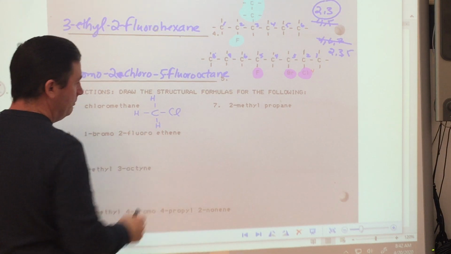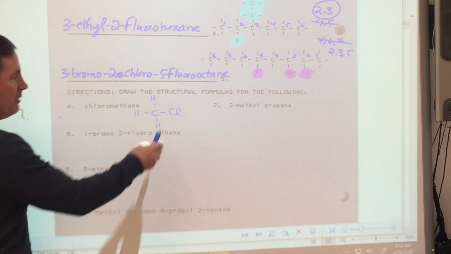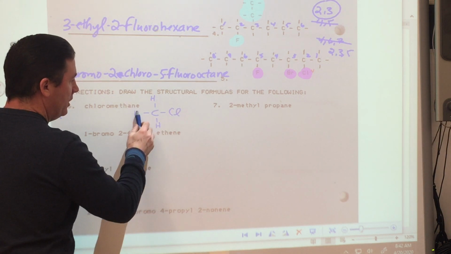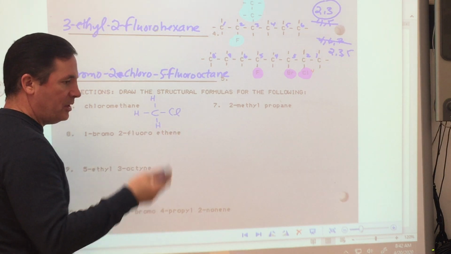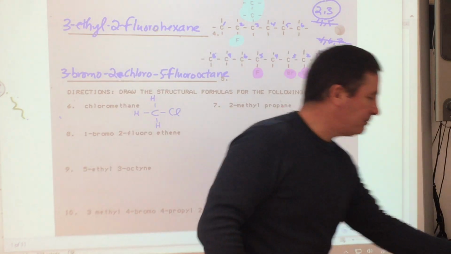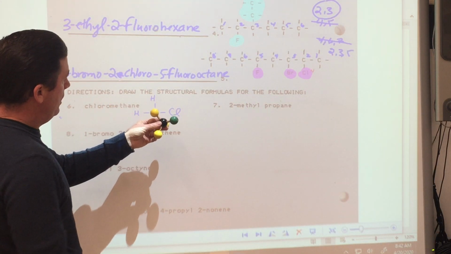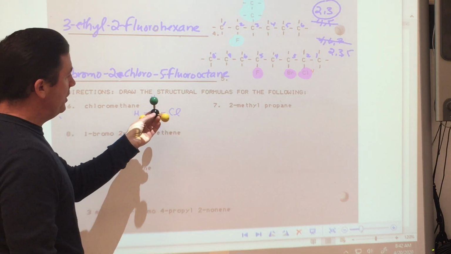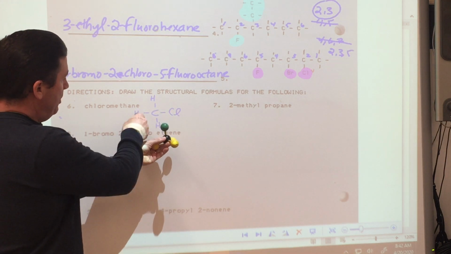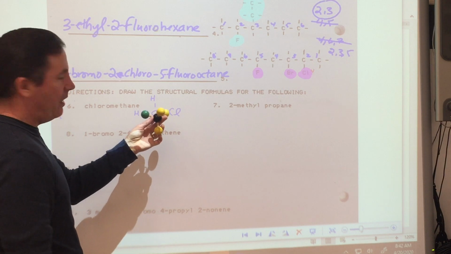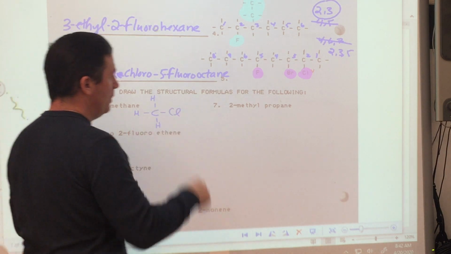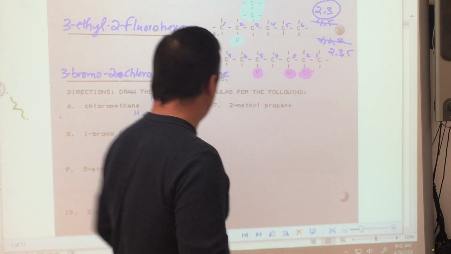You don't have to, though. Does it matter if I put the chlorine here or here or here or here? No, because think about it. Here's what this is showing. If I put the chlorine here, I'm just moving the molecule like that. If I'm putting the chlorine here, it's just like doing that. Okay, so it doesn't matter which one you put it on.